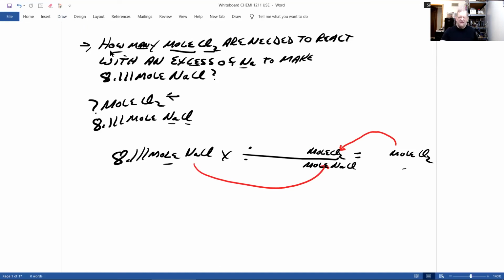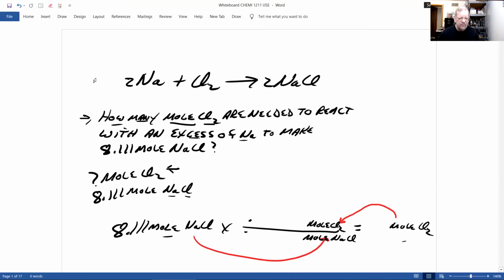And where do we get a relationship between moles of one compound and moles of another? We look at the balanced chemical equation, and the coefficients give us molar relationships. What this really means is 2 moles of sodium react with 1 mole of chlorine gas, Cl2, to make 2 moles of sodium chloride.